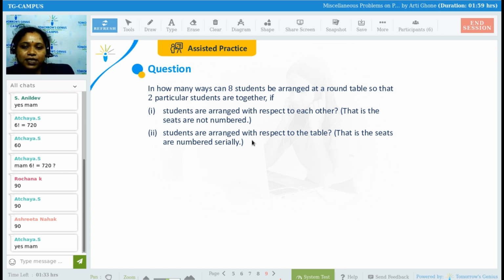Now, in how many ways can 8 students be arranged around a round table? Forget about any condition. Tell me what will be the answer. With these two permutation formulas, tell me the answer.